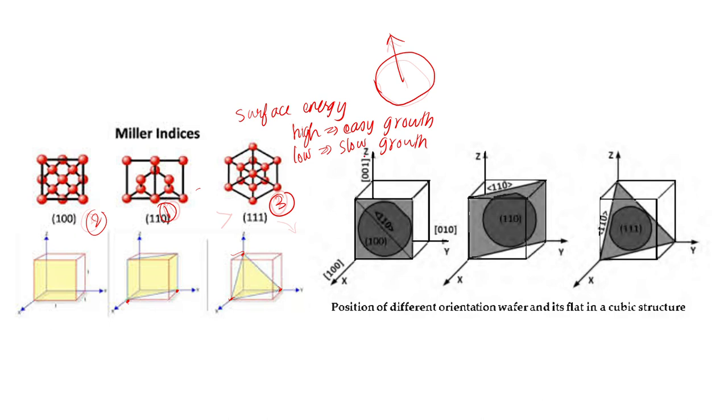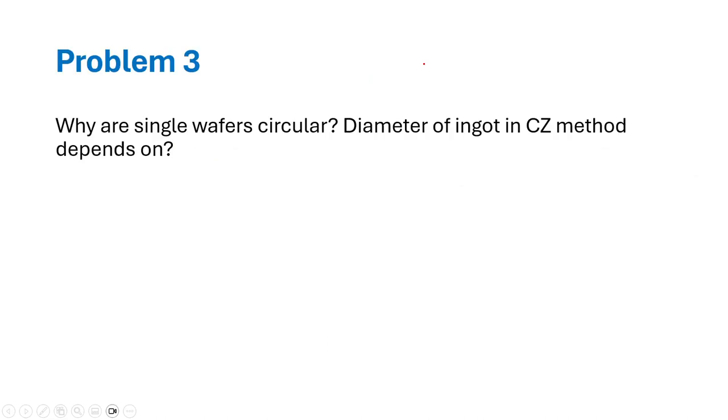So say we have different wafers, right? 110, 100 wafer or 111 wafer. In those wafers, if you have a wafer like this, this will be the normal coming out of the wafer, I mean, normal to the surface of the wafer.